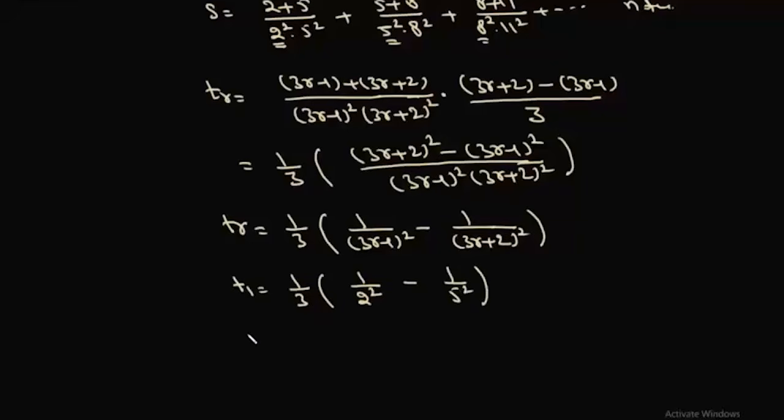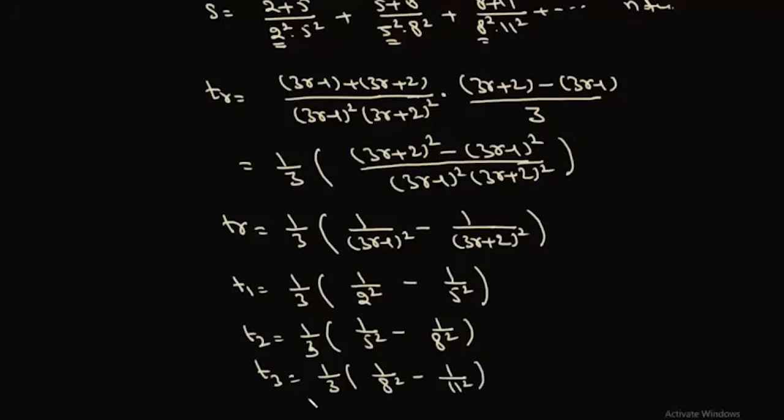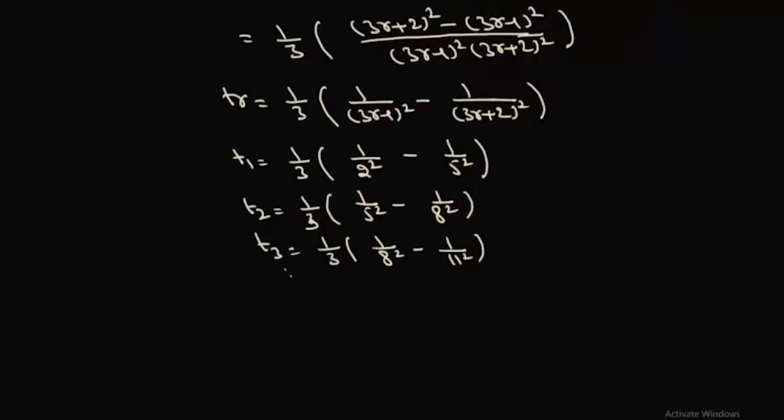For the second term, we'll put r as 2, so t2 equals 1 by 3 into 1 upon 5 square minus 1 upon 8 square. Third term will be 1 by 3, 1 upon 8 square minus 1 upon 11 square, and we'll go on, and its nth term will be tn equals 1 by 3, 1 upon (3n-1) whole square minus 1 upon (3n+2) whole square.